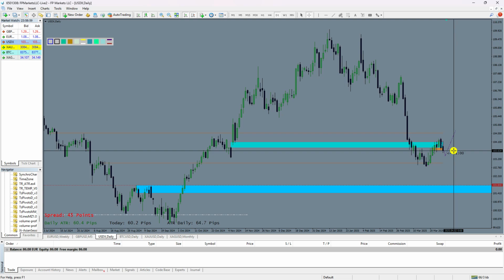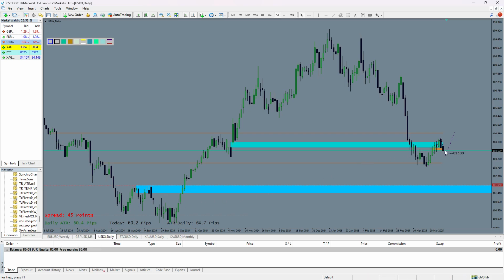So if US dollar drops by 180 pips, euro should rally by 200 to 220 pips. Therefore, let's get to euro.